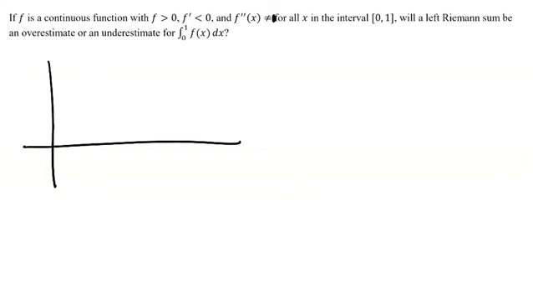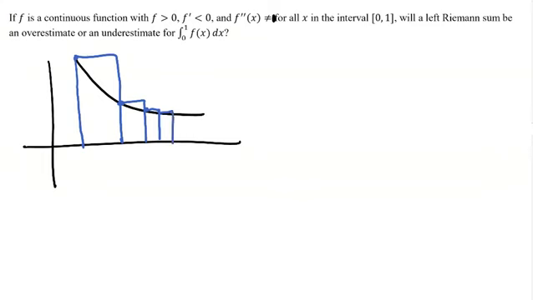And if f prime is negative, that means the function is decreasing. Pencil's still in the back. Okay, so for a left Riemann sum, you go over here and you just draw a left Riemann sum. Maybe you don't like the fact that I just used one subinterval and you want a couple more, maybe a lot of rectangles.